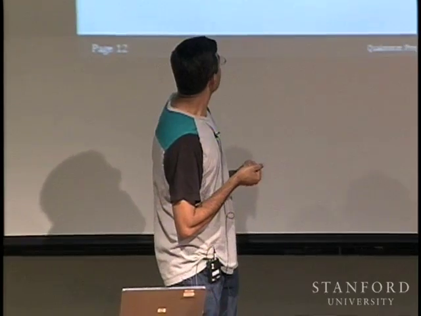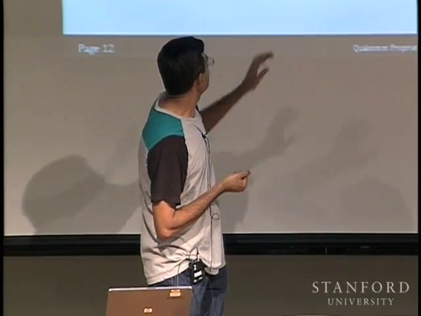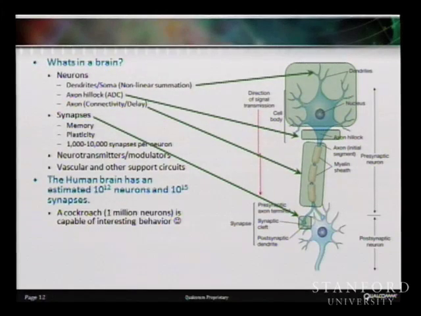We have about an estimate of 10 to the 12 neurons in the human brain. Those are very large numbers. So I don't think we'll get to modeling the entire brain in real time very soon. A reasonable goal is, say, 1 million neurons, which is the size of a cockroach.